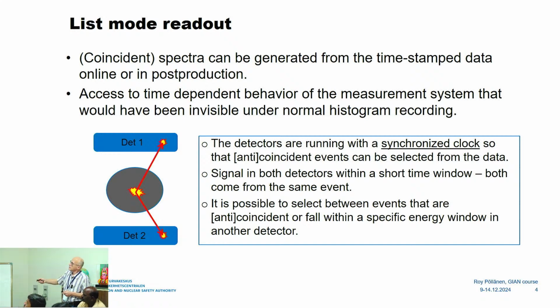So the point is that the detectors are running with a synchronized clock. This is important, so that coincident or anti-coincident events can be selected from the data using post-processing. So if there is a signal in both detectors within a short time window, they both come from the same event.